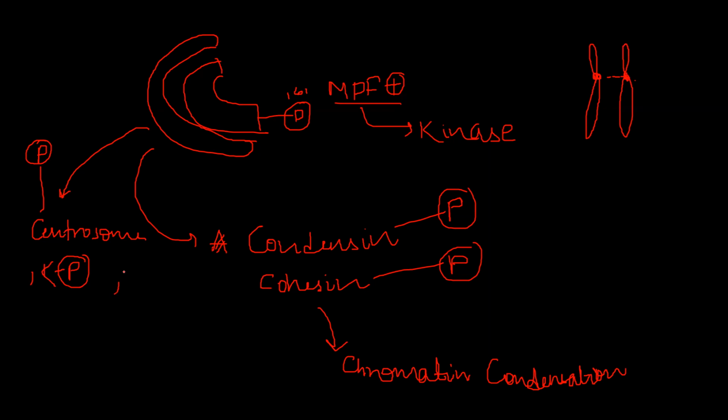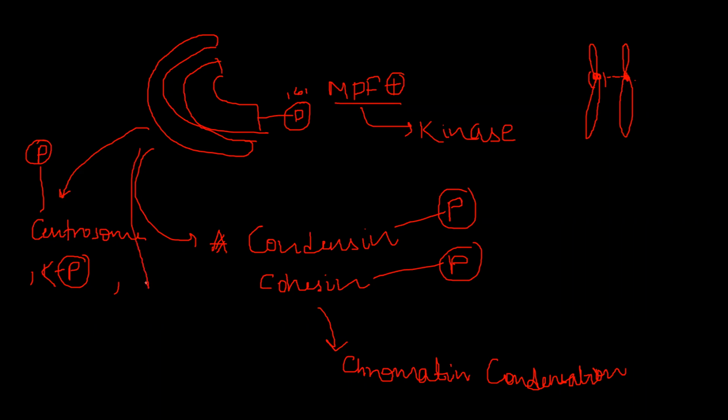Then microtubule associated proteins. The kinetochore is a protein present beside the centromere, on which the spindle fiber gets attached. So kinetochore gets phosphorylated, centrosome gets phosphorylated.